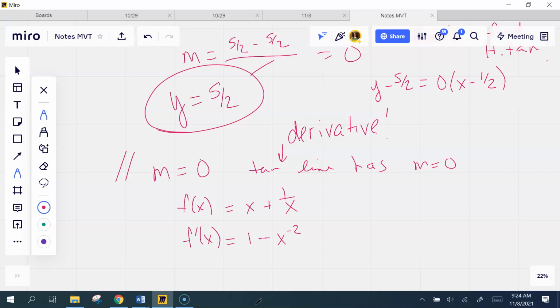Wait, why is that? I made this x plus x to the negative 1, and then I used the power rule.